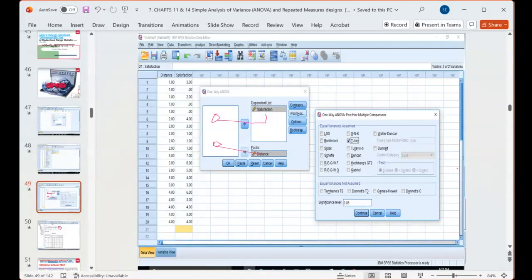And then in terms of alpha, it should automatically be 0.05, but you can change it. If the question says change it to 0.01, then just write 0.01. Then click continue.